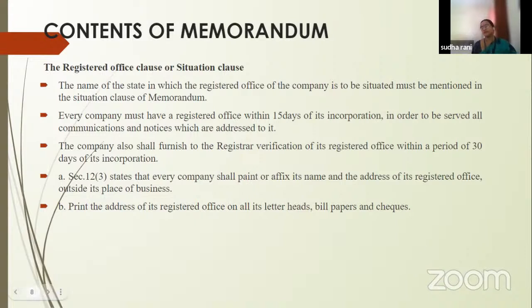Like residence proof, like how you get a verification. So within 15 days of incorporation, the company should open its office at the registered office address given, and within 30 days of incorporation, the registrar will make the verification to confirm the existence of the company's office at that registered address. Okay.